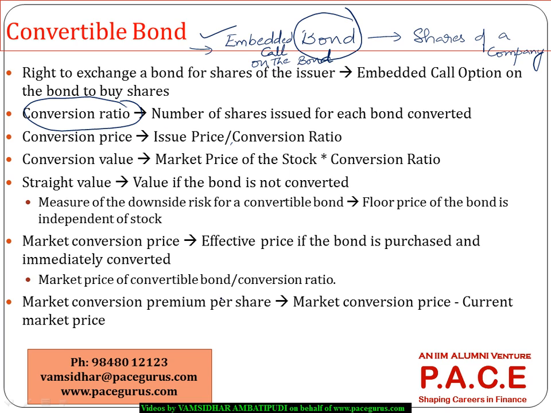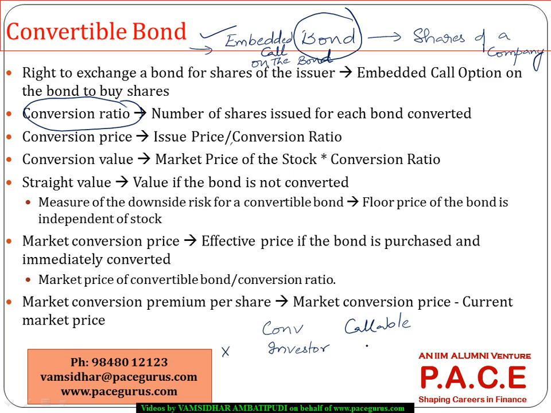The key difference: generally the right to exercise the option here is with the investor, the person who has purchased the bond. He can purchase the share. That is what is there in the convertible bond.